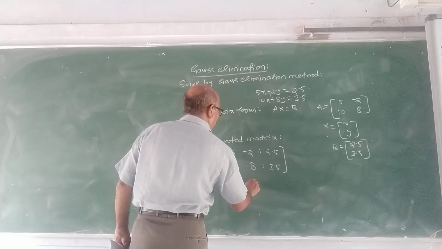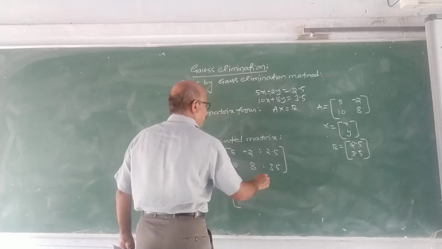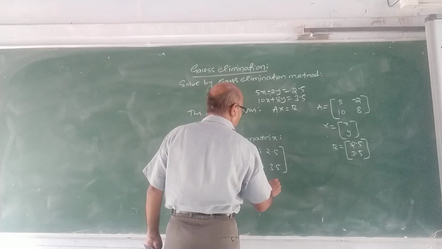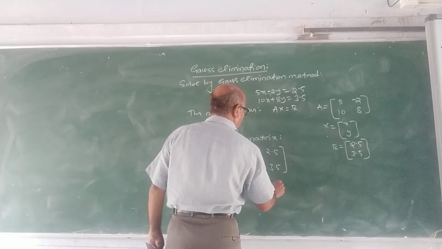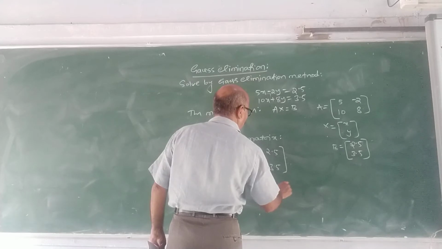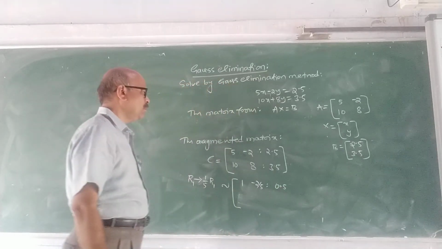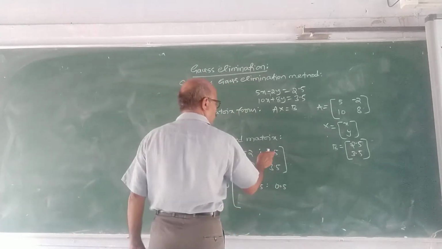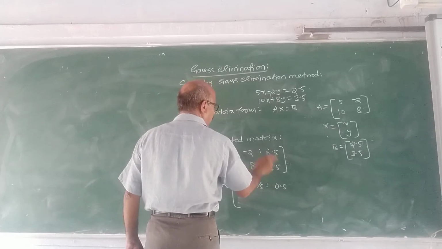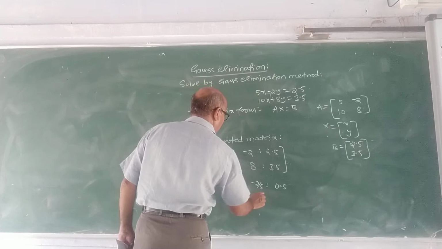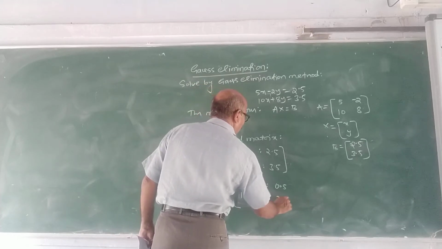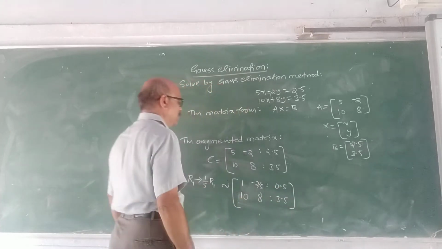You get 1, minus 2 by 5, and 2.5 divided by 5 is 0.5, that is 1 by 2. Let us use this system only. The second row stays 10, 8 and 3.5. This is the first step.